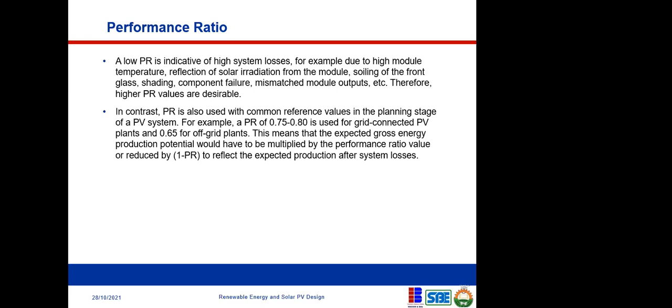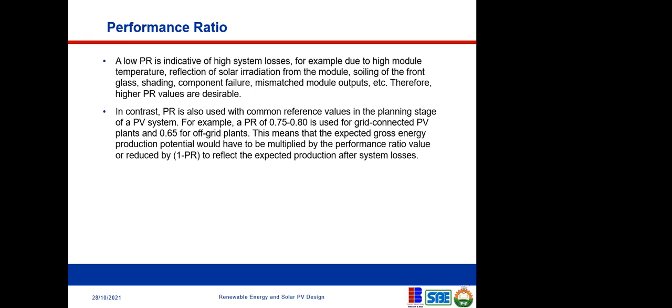This means that the expected gross energy production potential will have to be multiplied by the performance ratio value, or reduced by 1 minus whatever performance ratio that you choose, to reflect the expected production losses of the system, or the expected production after system losses. Okay, so this is just important to make sure that you're on the safe side.